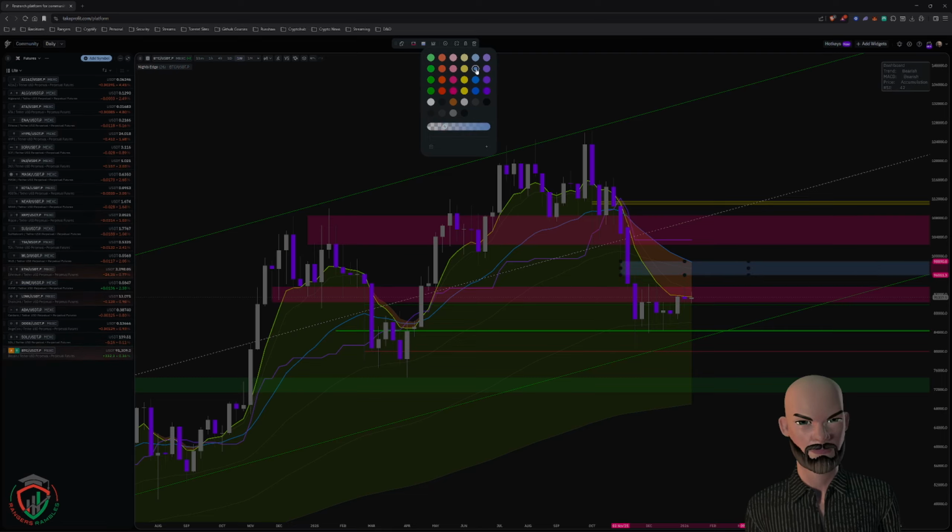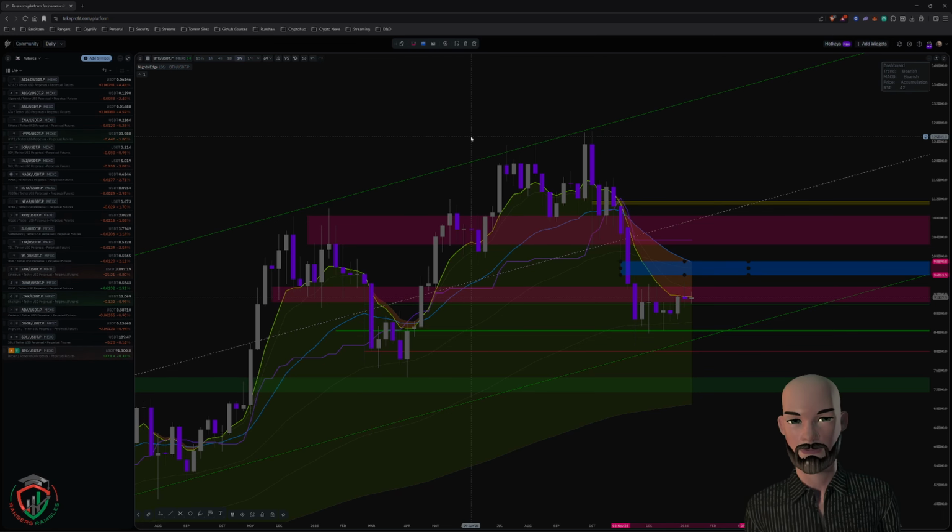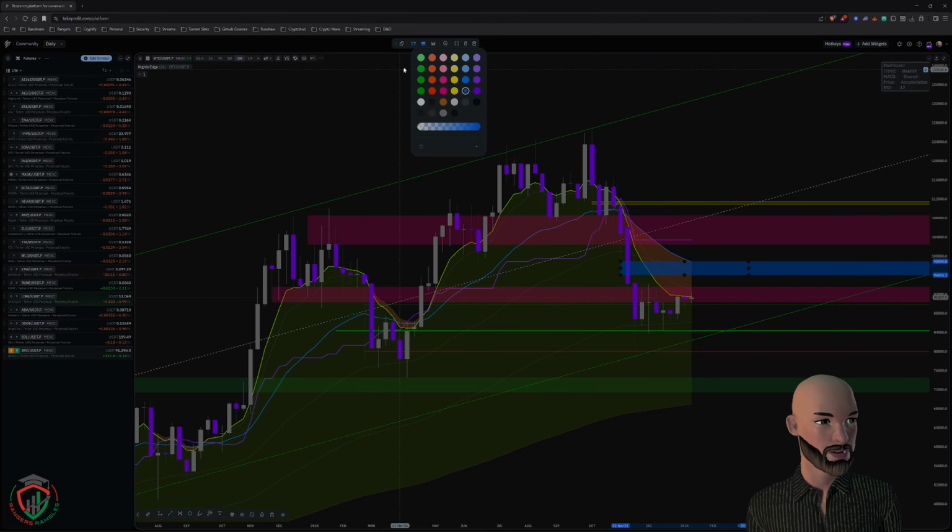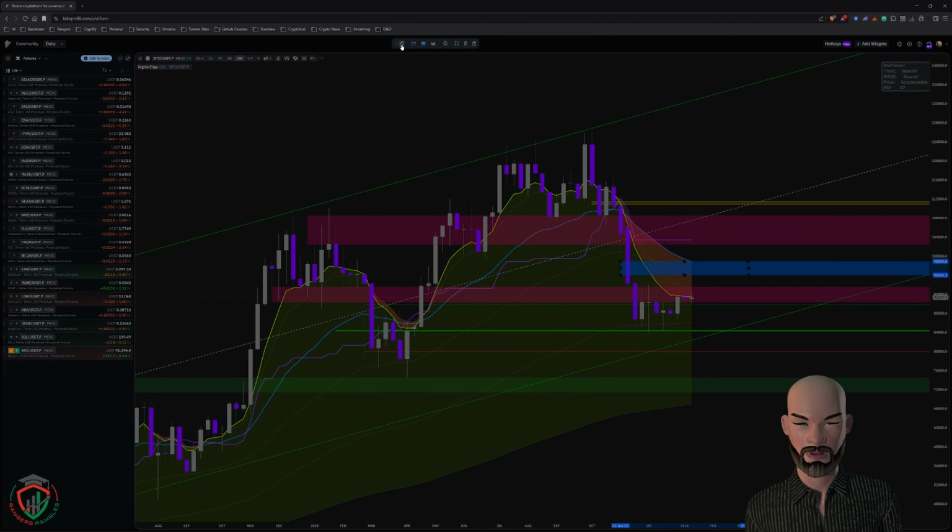Guess I'll do that color for now. I'll run out of options on colors because I can't do my own hexadecimals. That's fine. So it's kind of hard when I want to color code things.